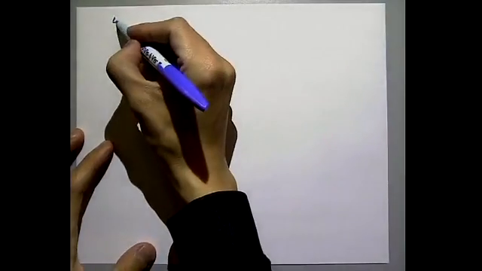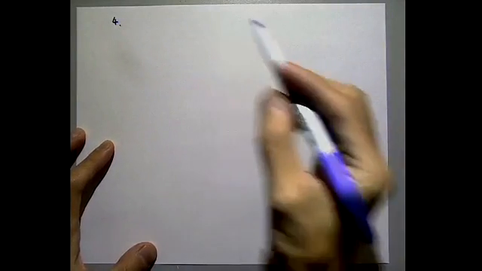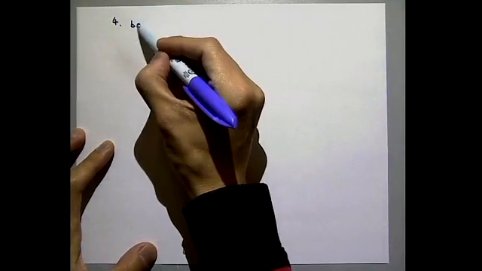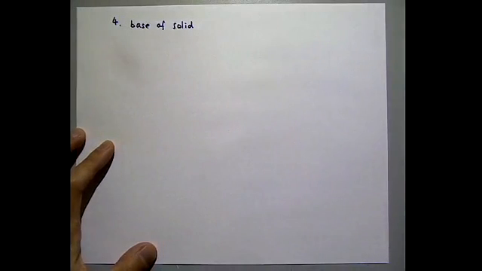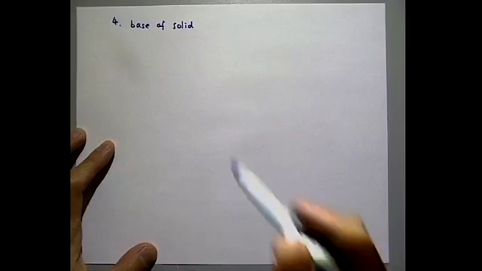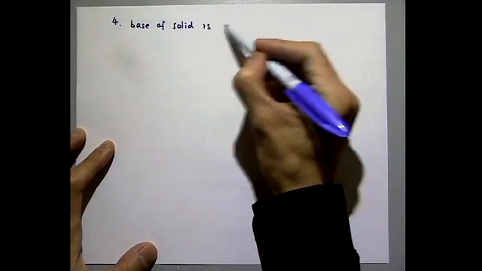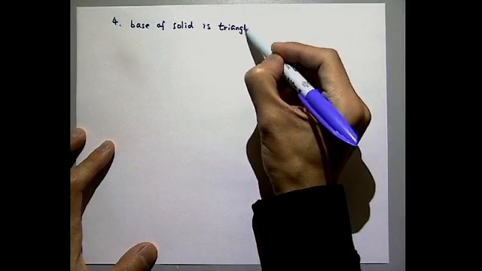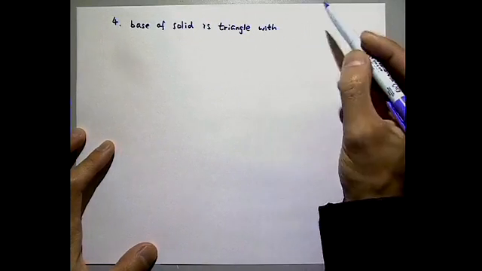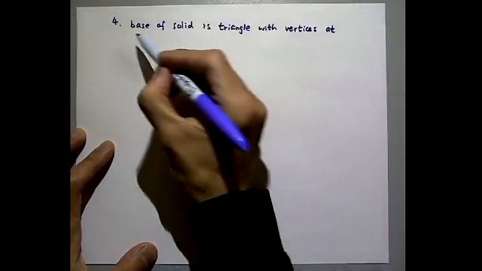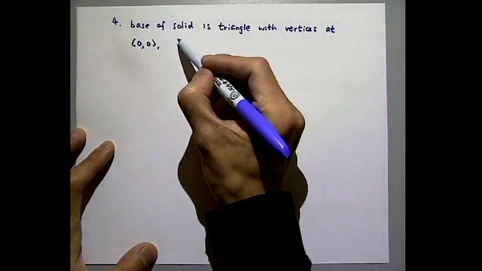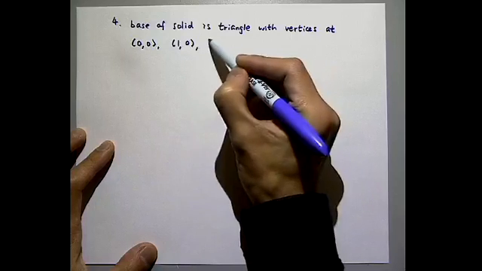Number 4. Oh, this is a fun one. Got some kind of solid, and the base of that solid is a triangular region with vertices at (0, 0), (1, 0), and (1, 2).